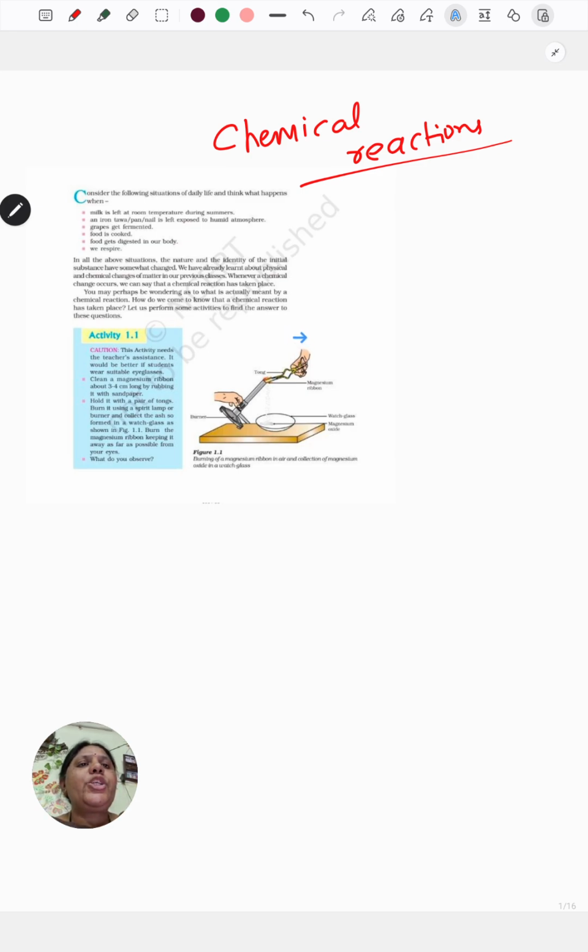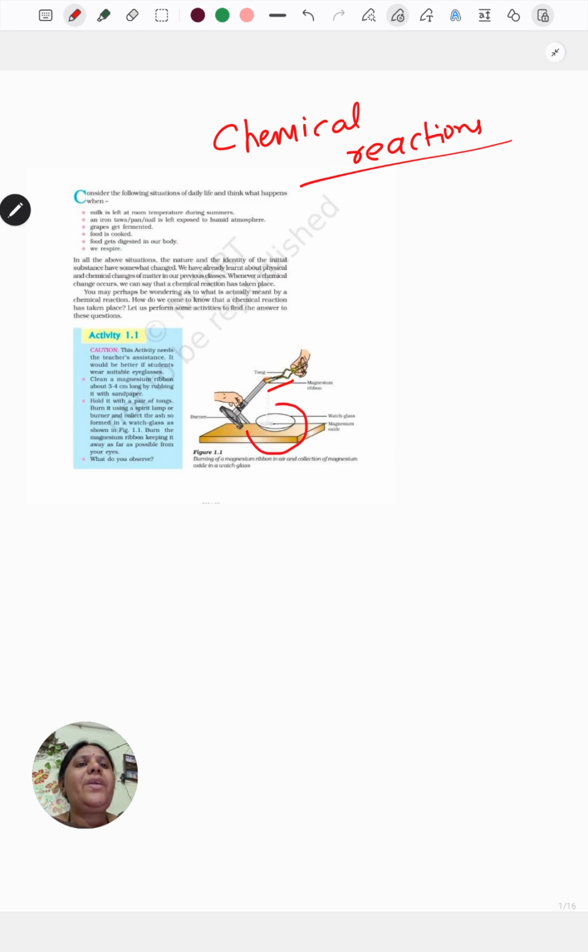As shown in the figure, in the laboratory, we are holding a magnesium ribbon with tongs and burning it using the flame of the spirit lamp.